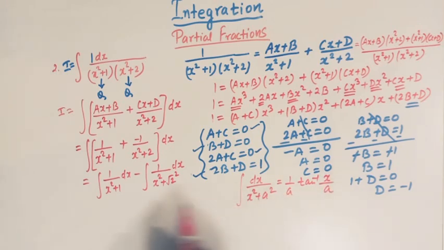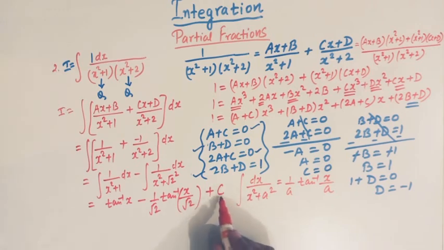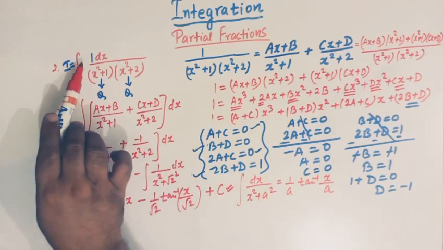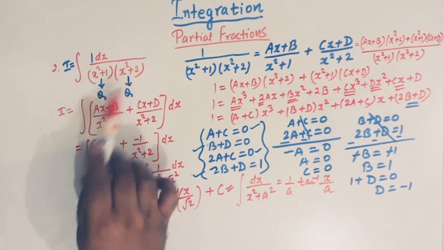Now applying this rule to these two integrals, the first integral is tan inverse of x, then here we have 1 over root 2 times tan inverse of x over root 2, and then we have the constant of integration c. So this is our integral of the function 1 over x square plus 1 times x square plus 2.